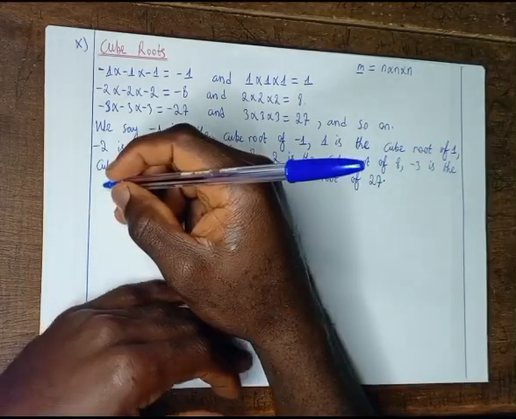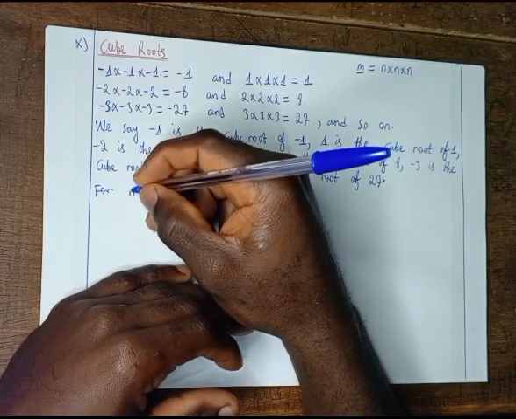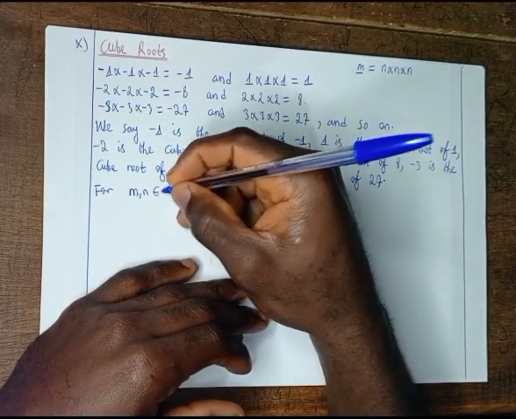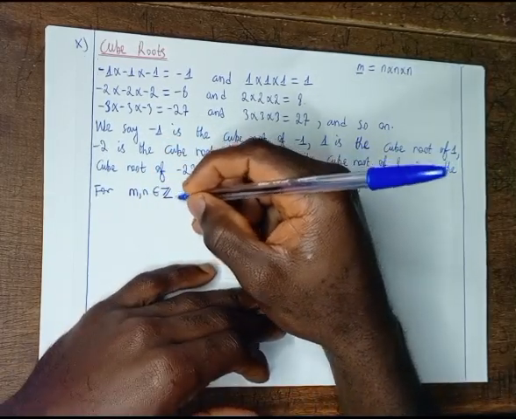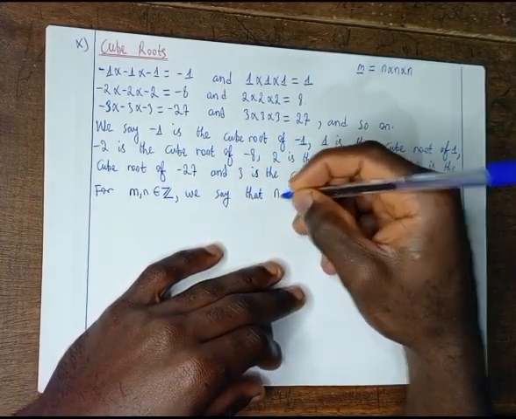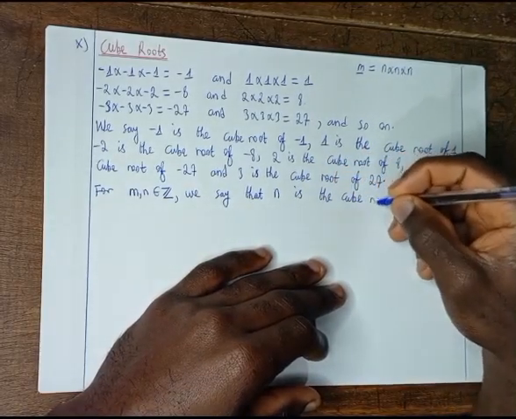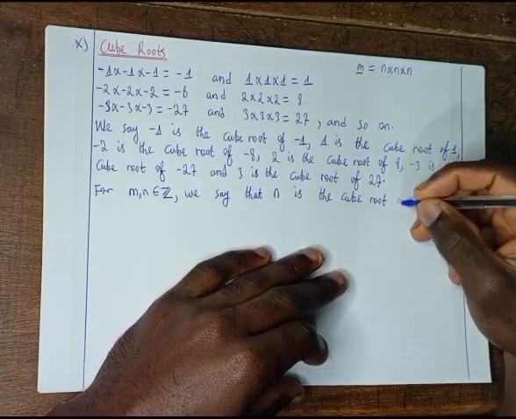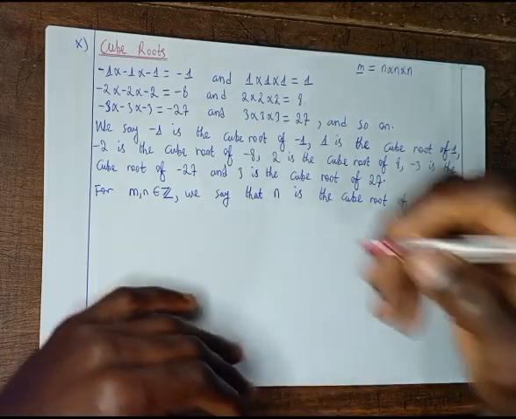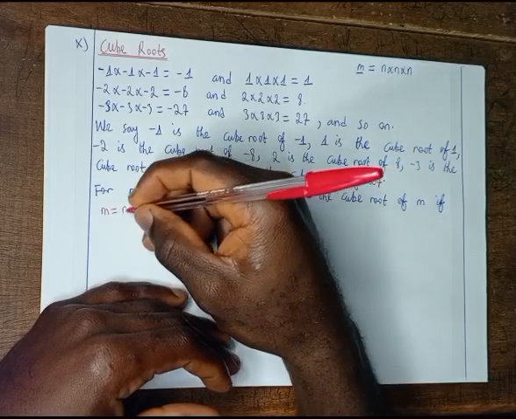Now let's write this down. For n belonging to the set of integers, we say that n is the cube root of m if m is equal to n times n times n.